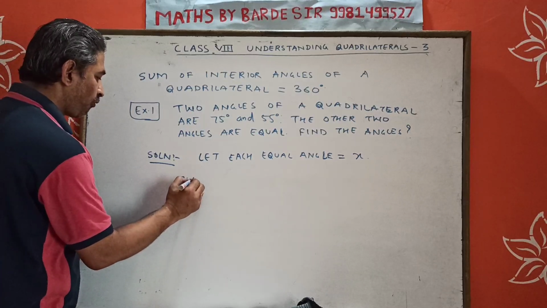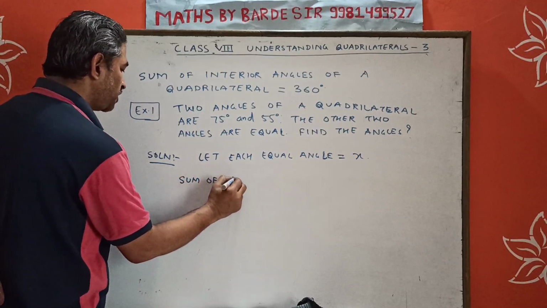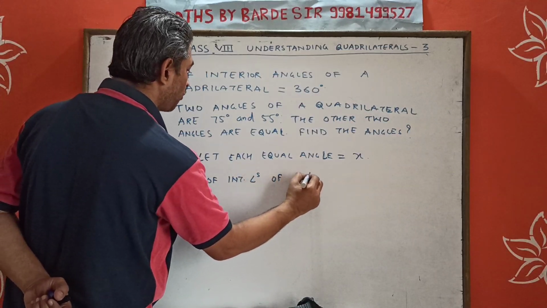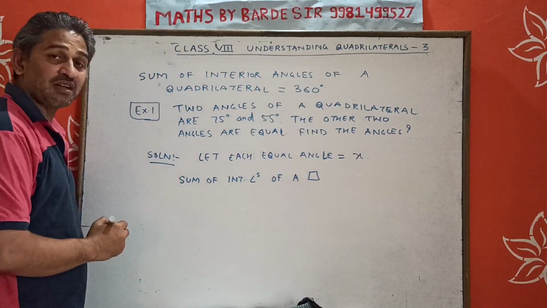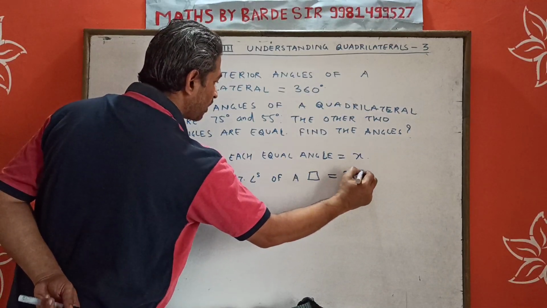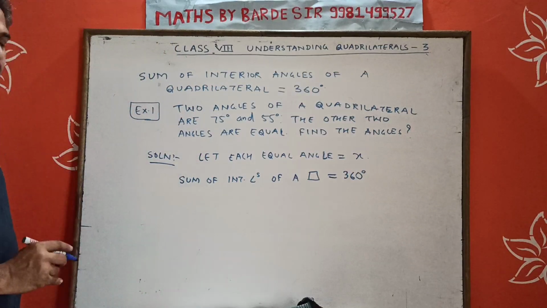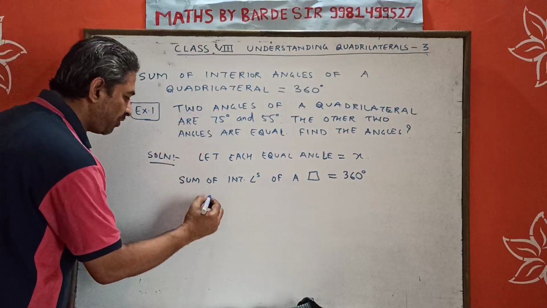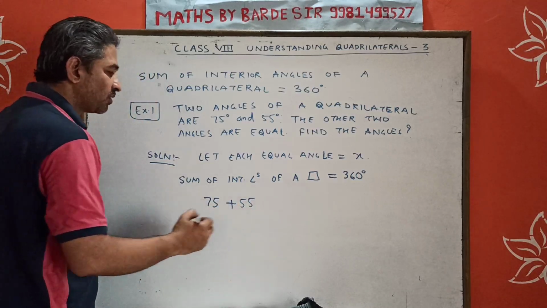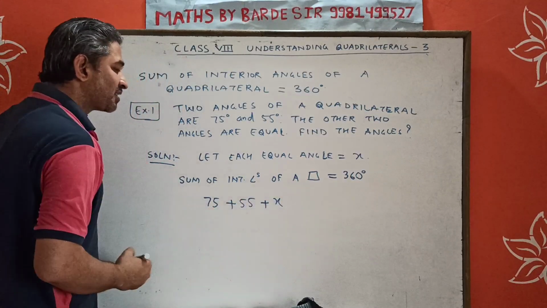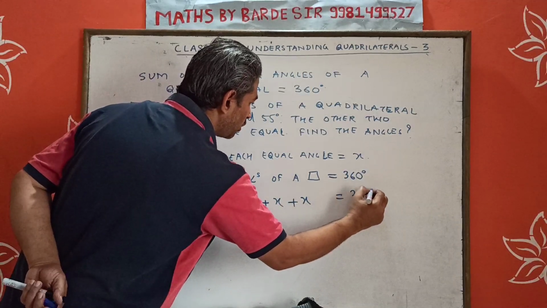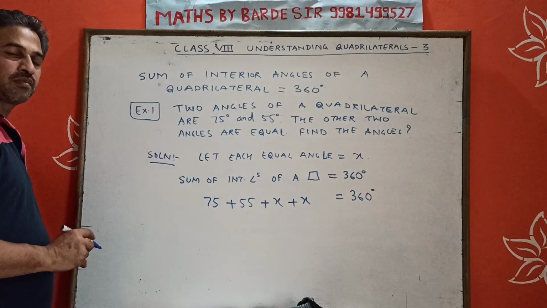Sum of interior angles of a quadrilateral, this is the symbol for a quadrilateral, is always equal to 360 degrees. One angle is given as 75, other angle is 55, third angle is x, fourth angle is also x, equal to 360 degrees.